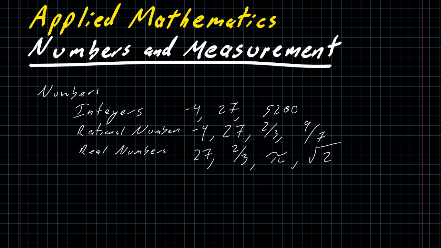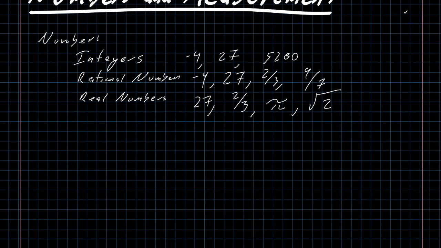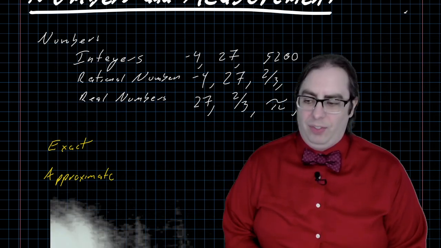An important idea that shows up when we start talking about the real numbers is the difference between an exact and an approximate value. I'll let you in on the secret history here.